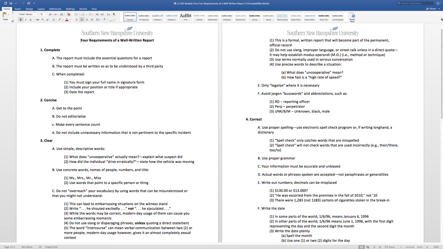If you take a look at the discussion prompt, the question, it says choose one of the 4 elements of a well-written report. So here are the 4 requirements of a well-written report. The report must be complete, it must be concise, it must be clear, and it must be correct.